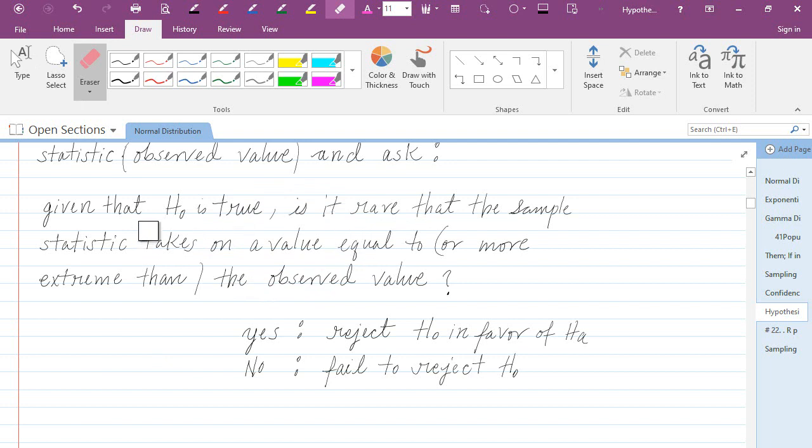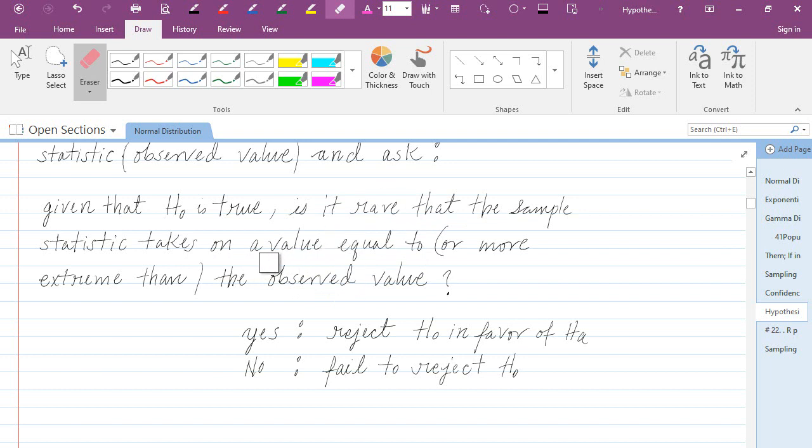So, assuming that the null hypothesis is true, is it rare that the sample statistic takes on a value equal to or more extreme than the observed value, right? So how do we quantify this rareness of this event?